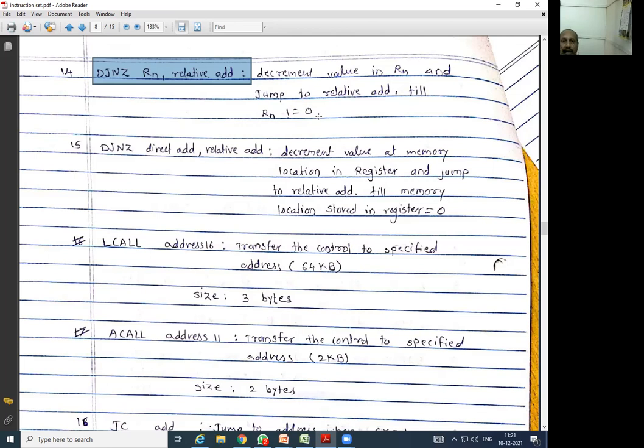Automatically it decrements, and automatically it checks whether it is 0 or not. If it is not 0, it is going to continue the loop. So this is how it will work as a counter.